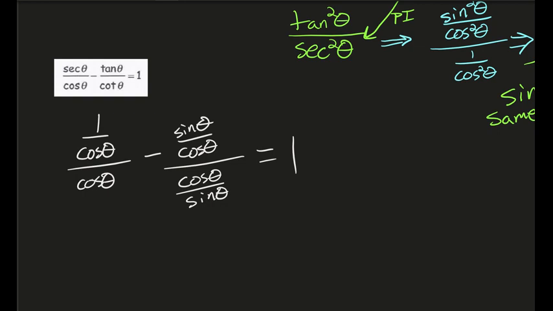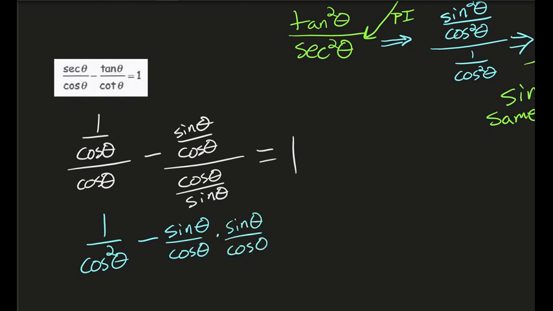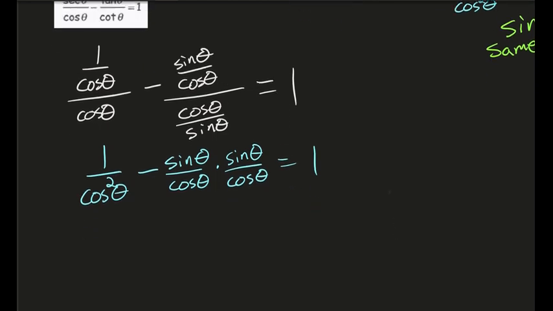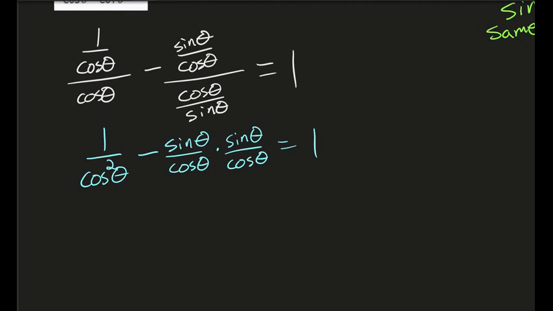So then let's start simplifying some of these. So what happens here, we have 1 divided by cosine squared theta. Here, we multiply by the reciprocal. All right, so we've got a few different options once we simplify this one.